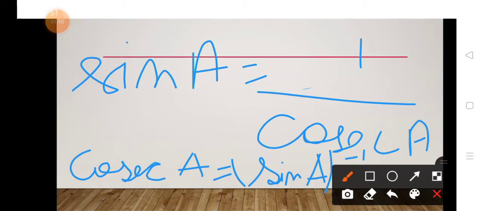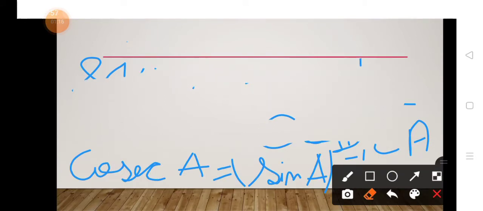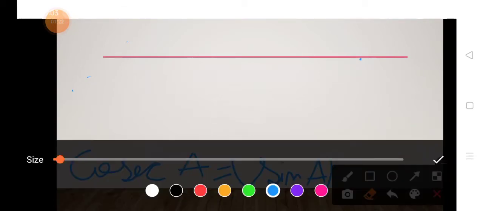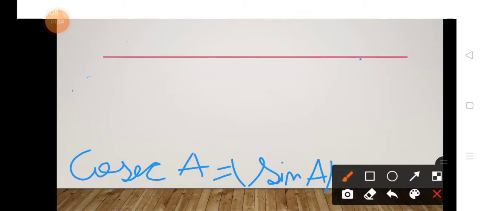But हेर्नुस्, I can write in this way, but then I cannot write in this way. You should remember this, that I cannot write cosec of angle A will be sine inverse A.